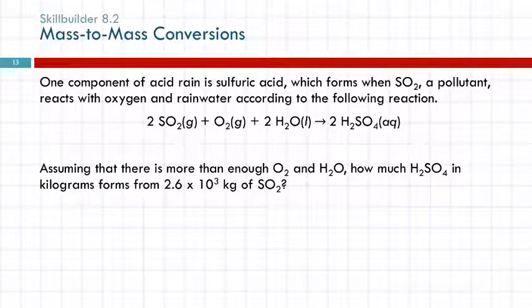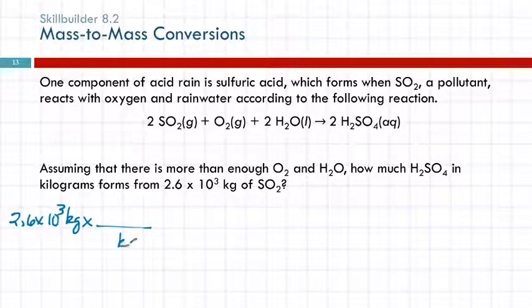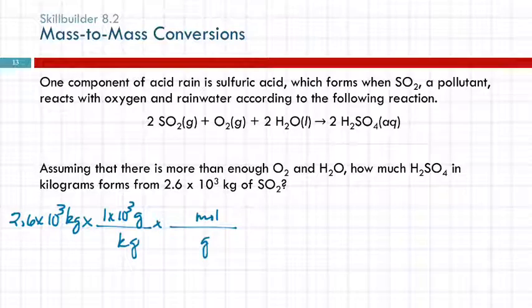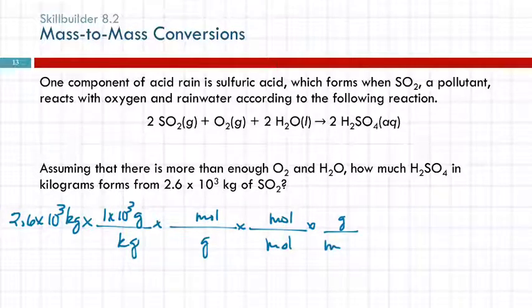So we could take 2.6 times 10 to the third kilograms and convert that to grams. And then we could go to moles and grams, and then we've got moles and grams and moles. And then the moles are going to cancel, the grams are going to cancel, the kilograms are going to cancel.